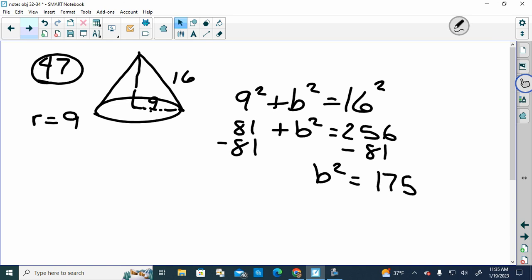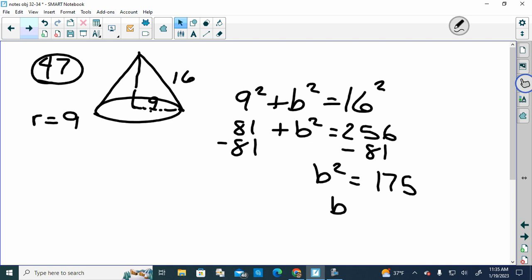Now, this is a catch on this one. It won't always be this way. To get b by itself, we would do the square root of 175. But 175 is not a perfect square. Some of them will be, which is great, because then we just solve for height and plug it into our formula. But this one's not, so we have to leave it in radical format.